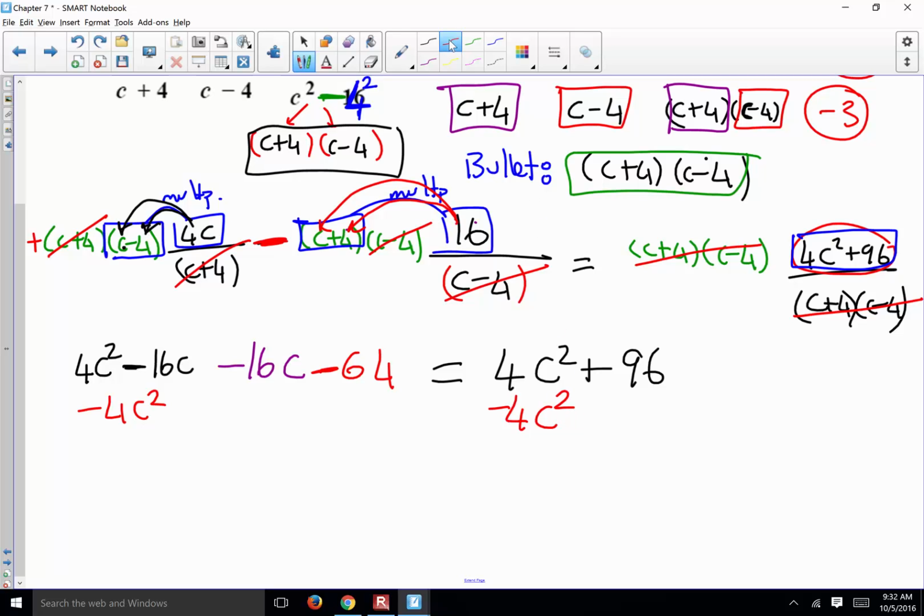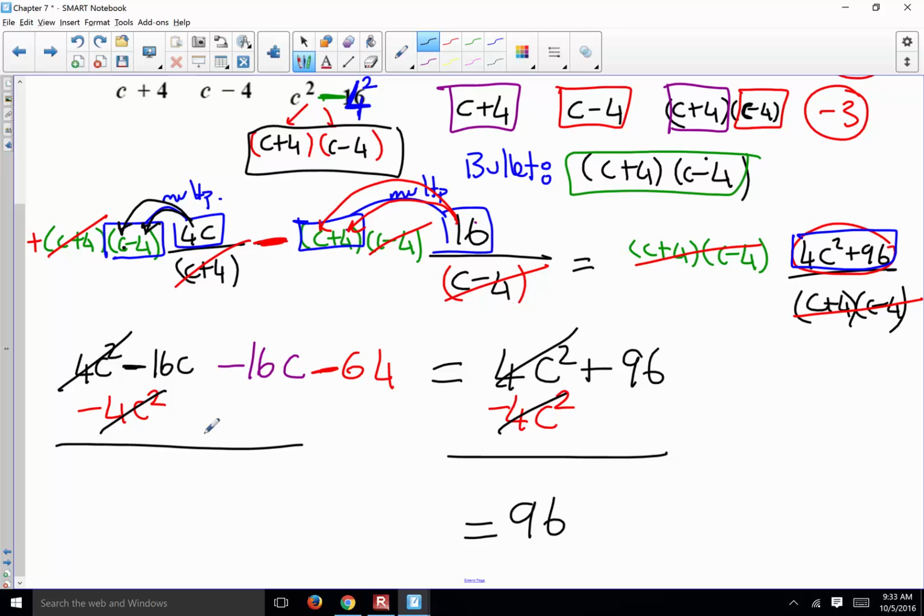Now I will wait for numbers. So let's add these. 96. Oh, these are canceling. How great is that? And by the way, aren't these like terms? Both c's? 16 of them and another negative 16 of them combines totally into negative 32c.